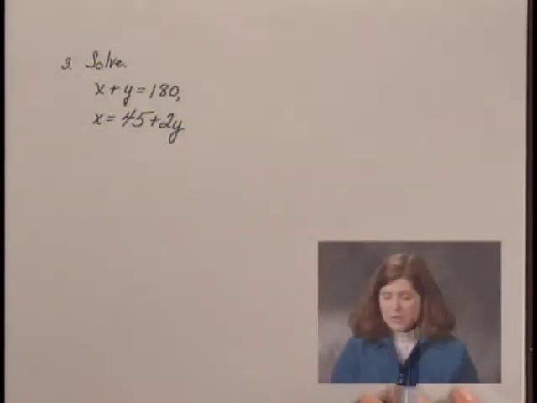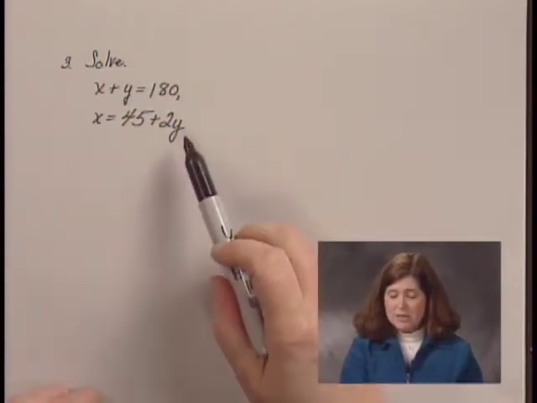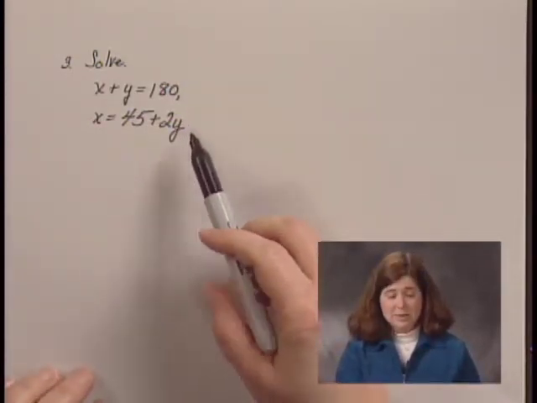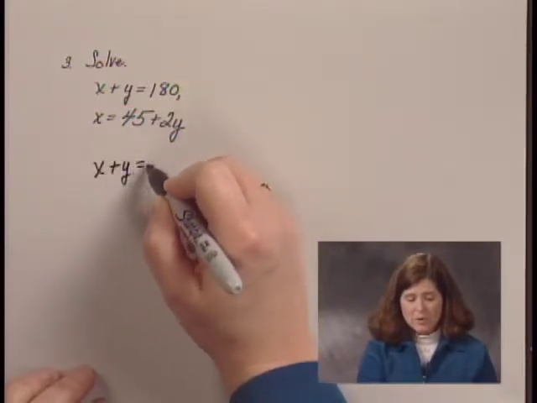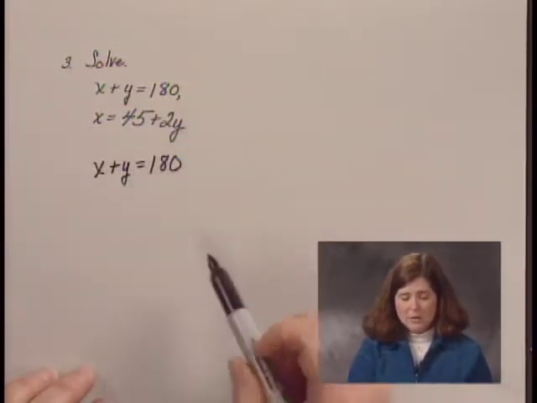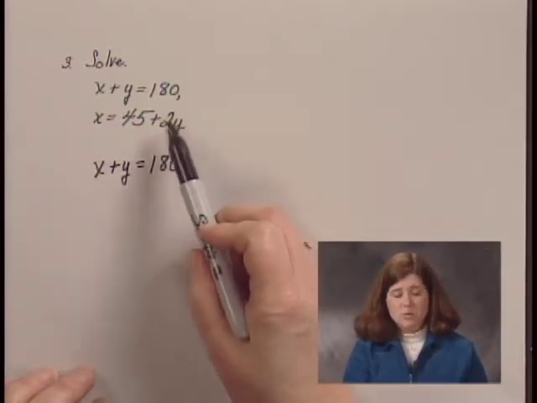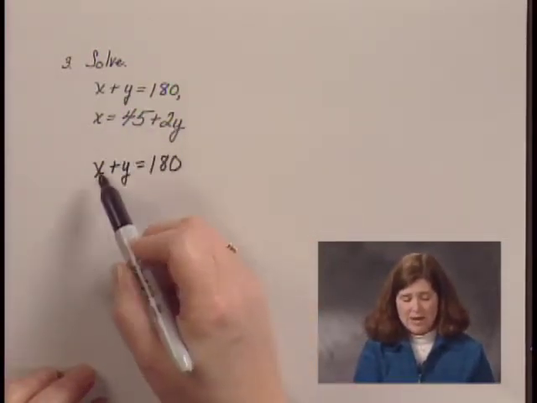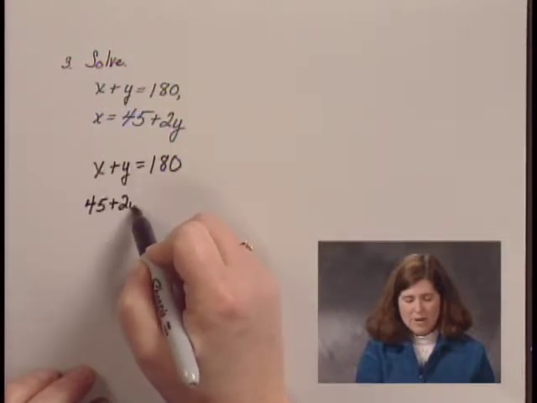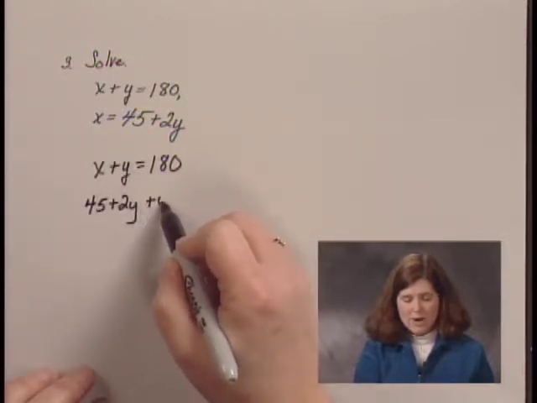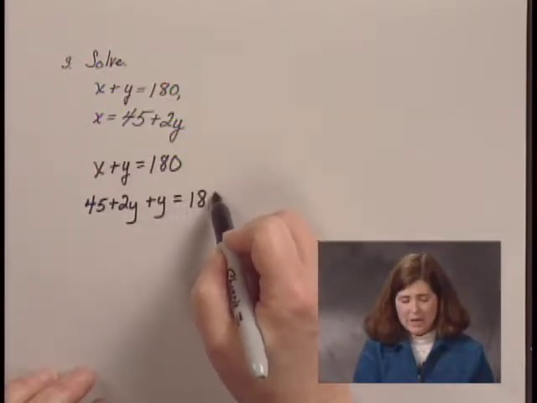Solving this system of equations, I can see that my second equation is already solved for x. So in my first equation, which is x plus y equals 180, I will substitute 45 plus 2y for x. So where I have x, I will write 45 plus 2y, plus the y, equals 180.